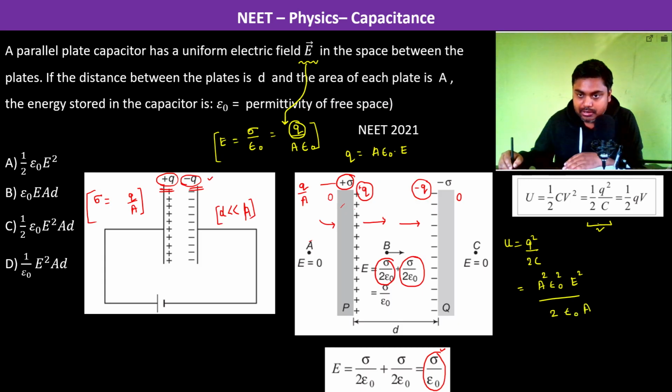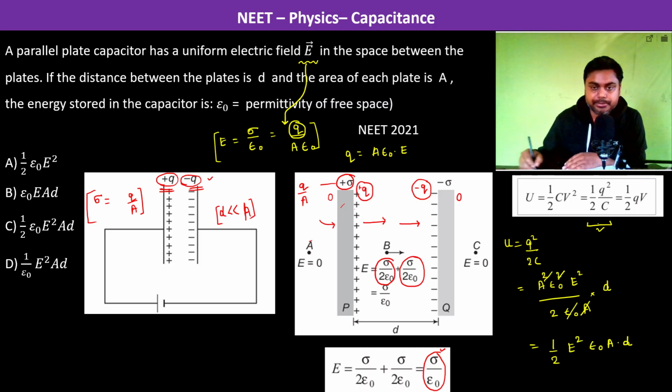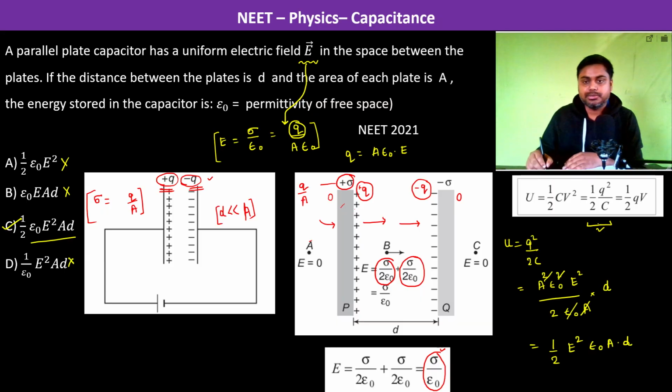Epsilon naught A by D. So D goes up. So epsilon naught is gone. A is gone. So therefore there is half E square epsilon naught A into D. So this is wrong, this is wrong, this is correct, and this is also wrong. So therefore the answer is going to be C.